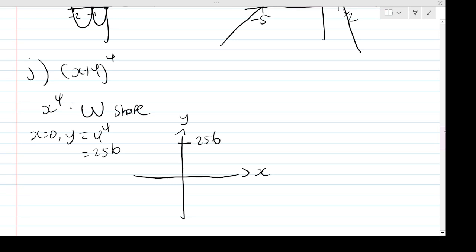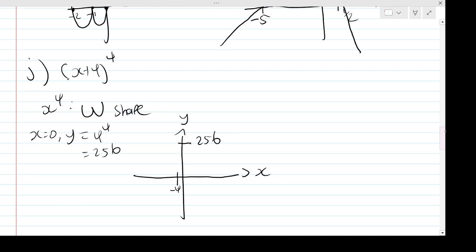We'll just leave it there, 256. But then what's the root? If you set the bracket equal to 0, x plus 4 equals 0, so x will be minus 4. If 256 is there, minus 4 probably is going to be about there, to scale roughly. So we draw a root.